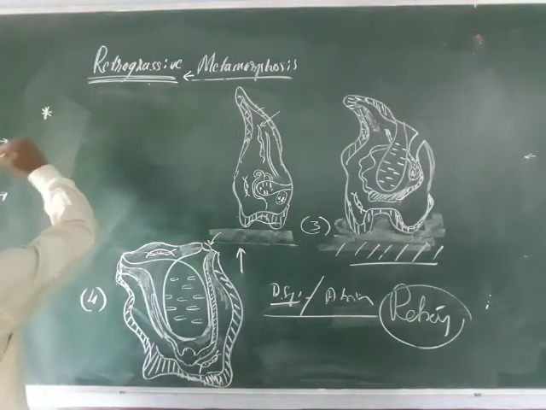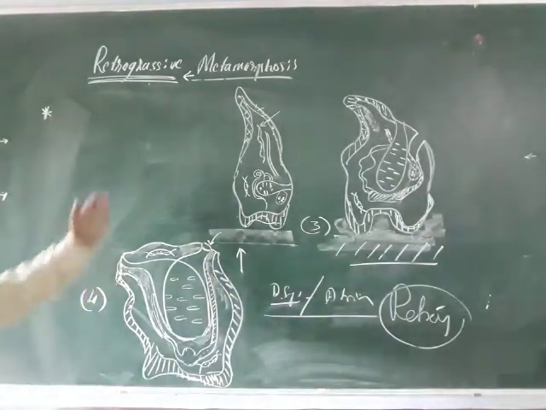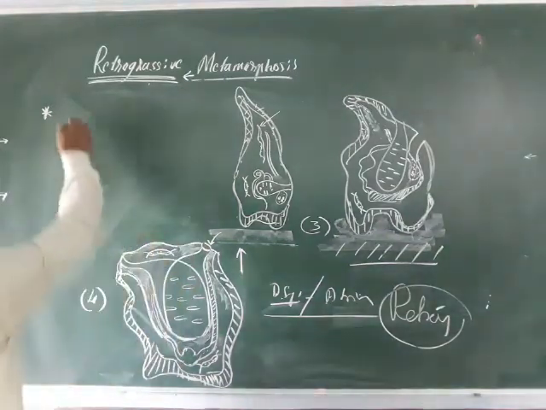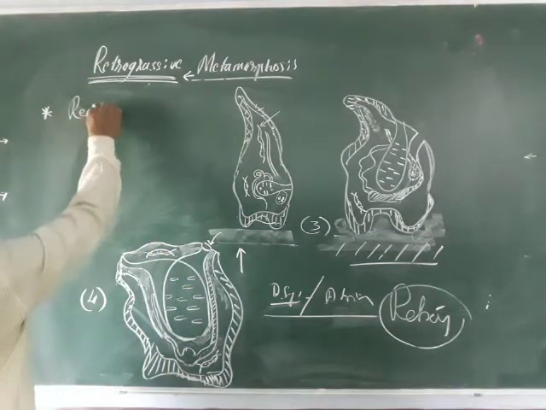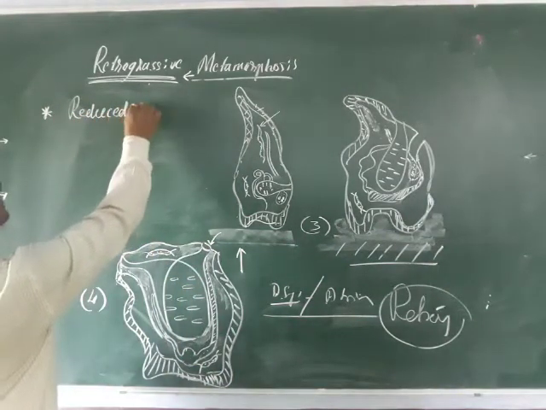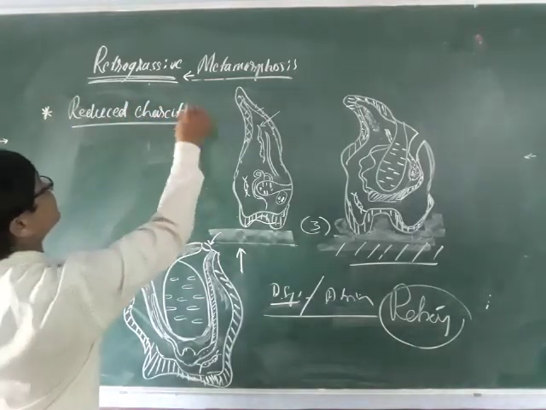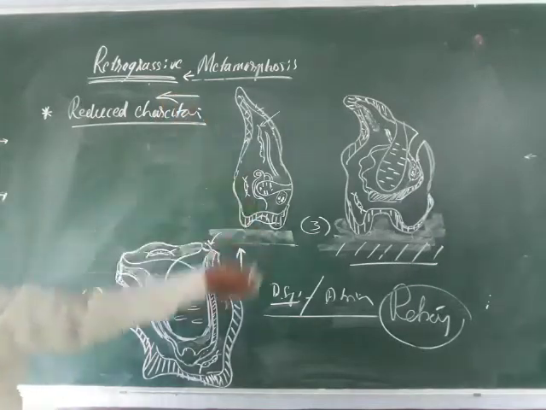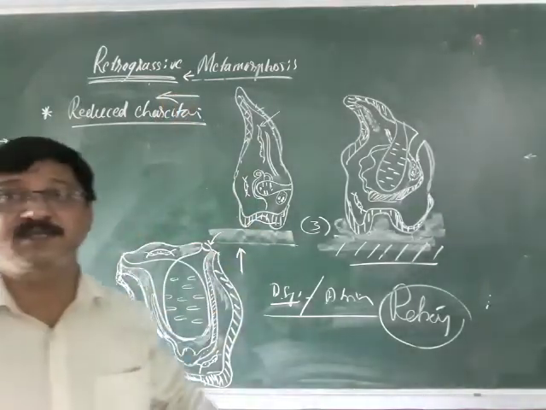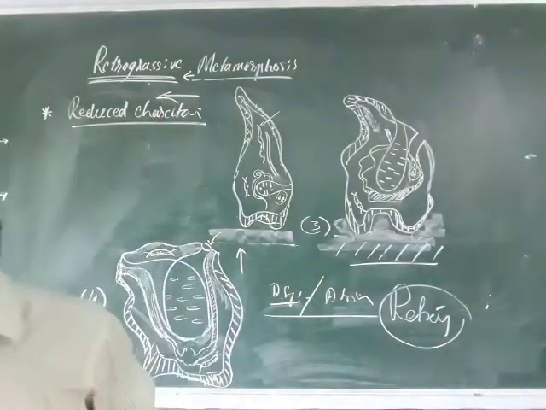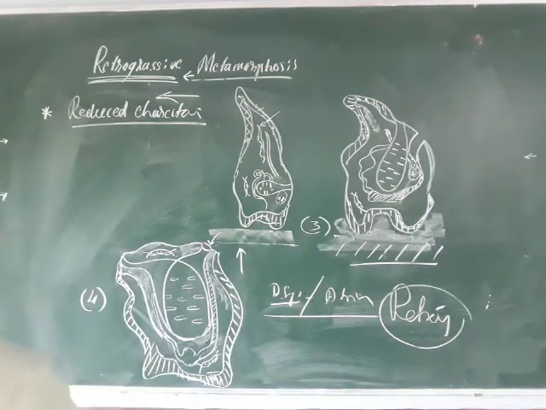It is a typical example of reduction, meaning advanced characters will be reduced, reversed back. Advanced characters disappear, and that is called one of the peculiar phenomena. So it is an excellent example of degeneration.